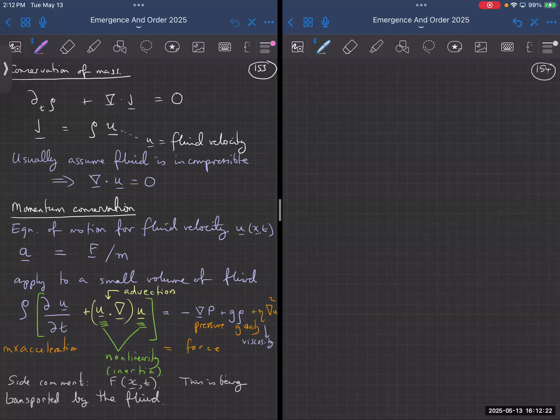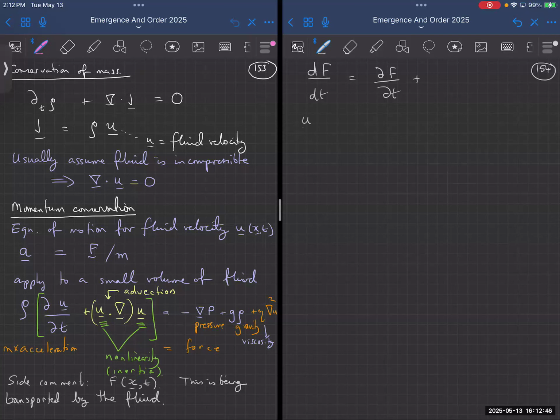So what's going to happen is the rate at which this quantity changes. What is this going to be? It's going to be df by dt plus how does the velocity change?